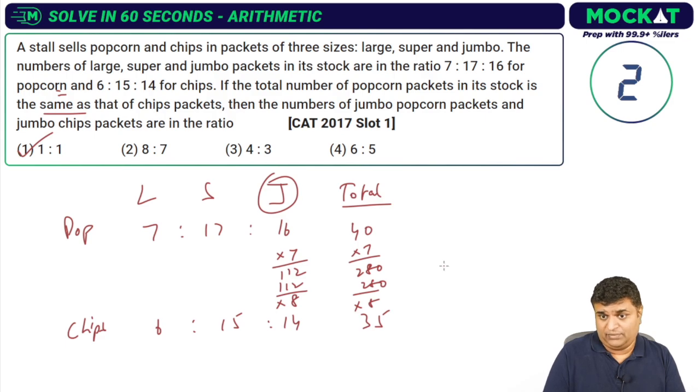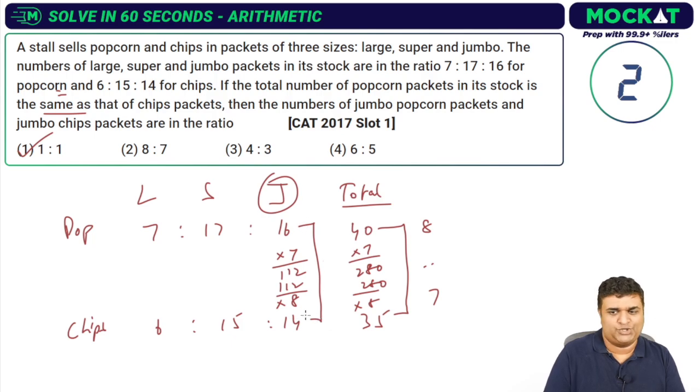Now some of you might feel that, hey, there's a quicker way of doing it, right? Now what is that? 40 and 35 is what I had over here. If that is supposed to be equal, 8 parts over here is the same as 7 parts over here, 8 is to 7 ratio, right? Then it has to be the same over here, 16 and 14, that's also in the 8 is to 7 ratio, that should also be equal.